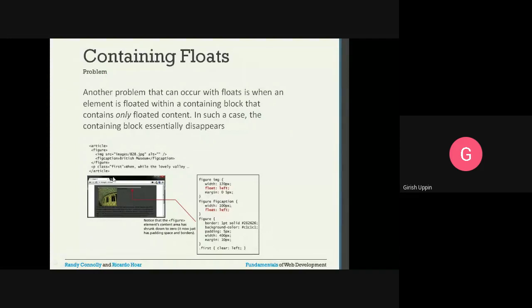So this will float. Then I have the figure specified. These are the properties of the figure: border, background color, padding, width, and margin. And I have dot first, where the clear property is set as left.